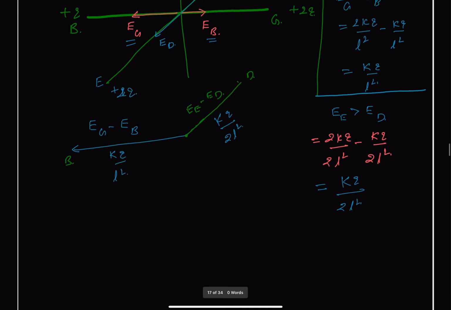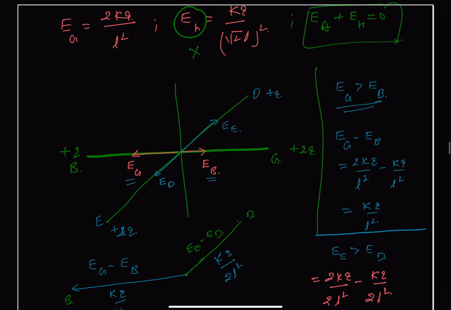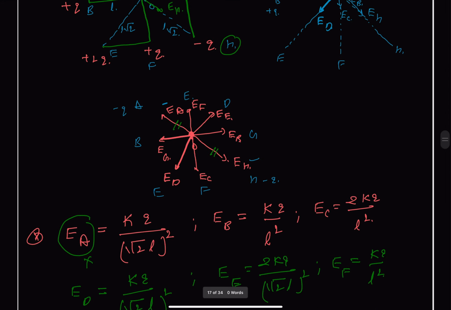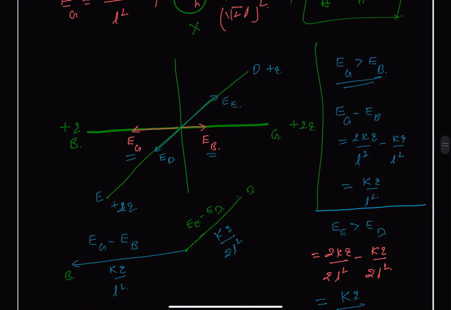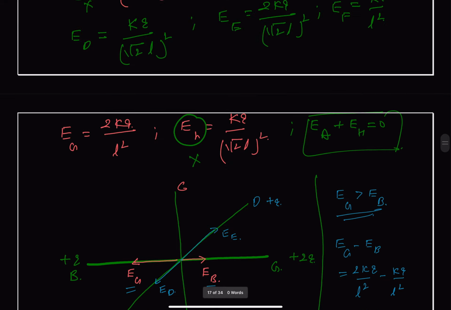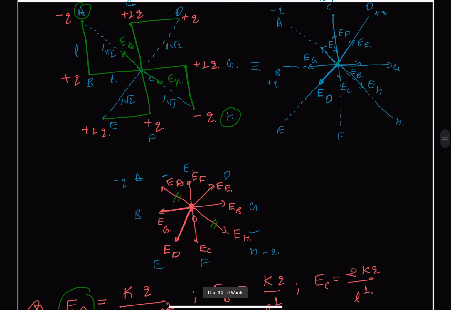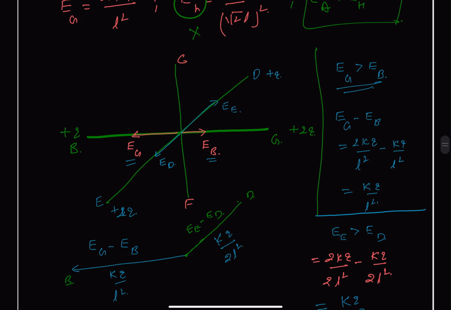And then we are left with 2 points. These are our C and F. So this is our point C and this is point F. C is having plus 2q, and F is having plus q.